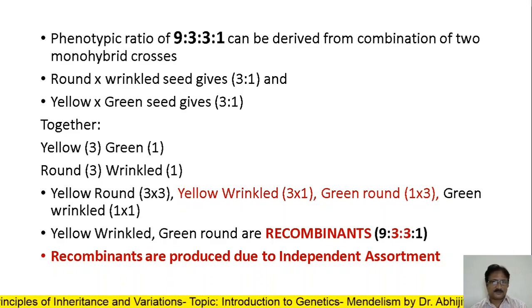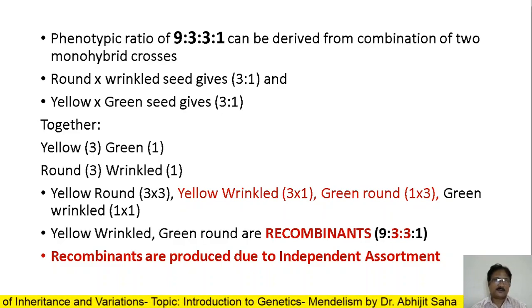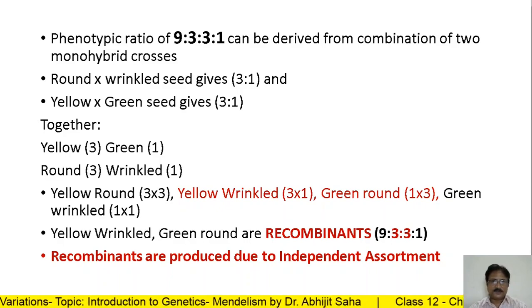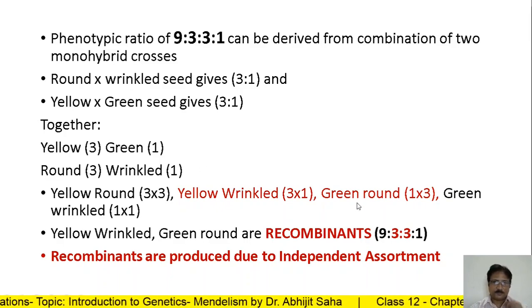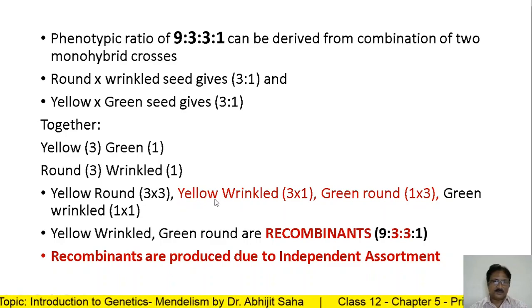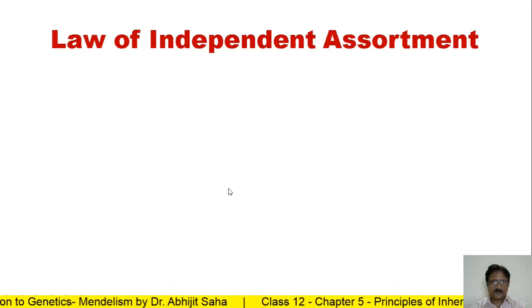So the genes for the two characters Y and R have independence. They can move independent of one another, and that is why during this type of movement, new combinations would be made. So yellow, which was initially with round, now can go with wrinkled, because these two genes or factors are independent to move in the gametes.